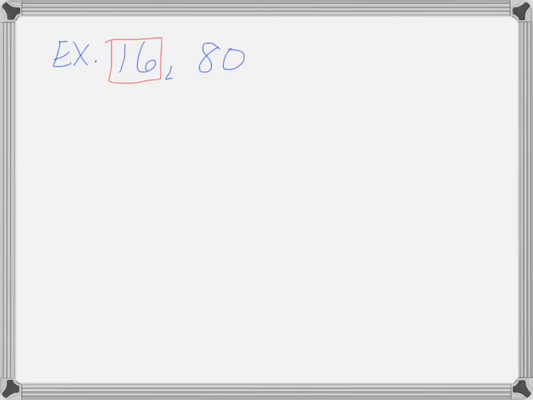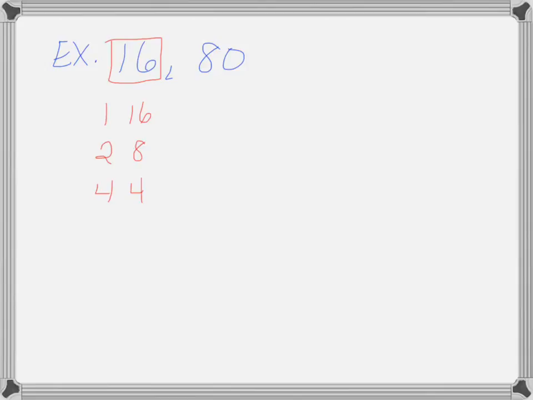And I'm going to write all the things you multiply together to get 16. 1 and 16. 2 times 8 is 16. And 4 times 4 is 16. Out of those 6 numbers that I've listed, you want to pick one that divides into 80.